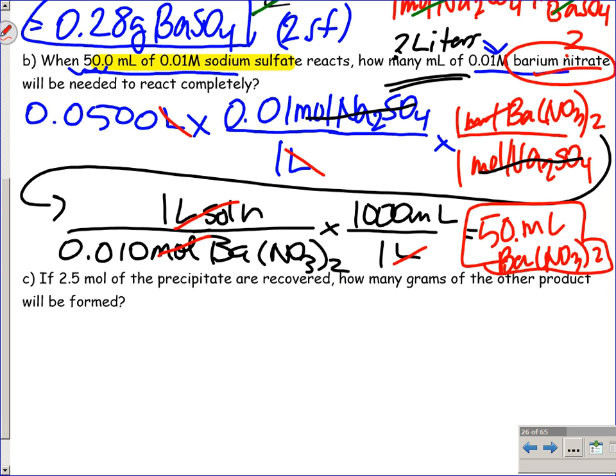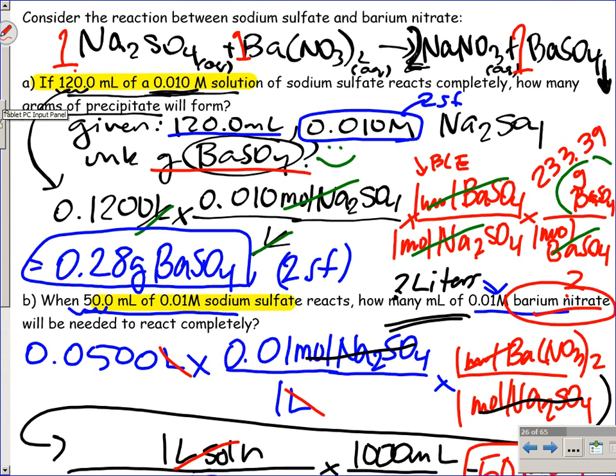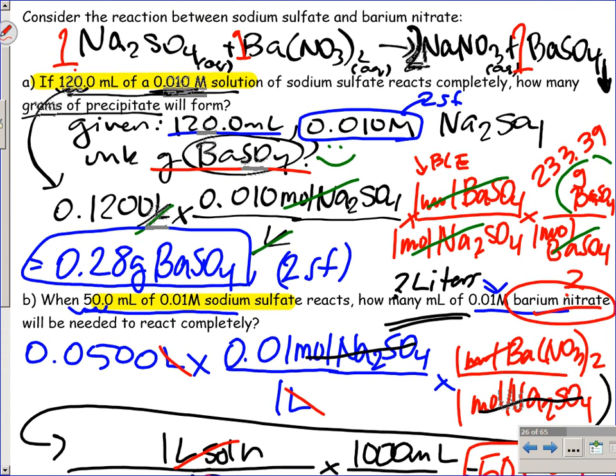Now, I'm going to be honest. You have some logic about you. This actually can work itself out if you look at the proportions in which they react. Can I scroll up just a tad from here? Okay. So how do they react? They react in a what ratio? This is sodium sulfate and barium nitrate. 1-to-1 ratio, right?